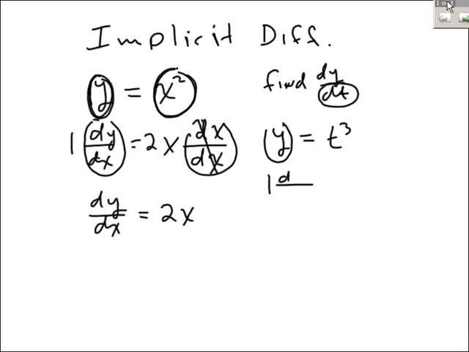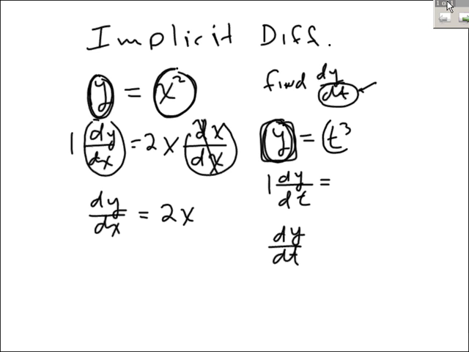In the numerator, write down d followed by the letter of the term you just took the derivative of, which is y. And in the bottom, you put dt, because you're asked to find the derivative with respect to t. And of course, 1 times dy dt is just dy dt.